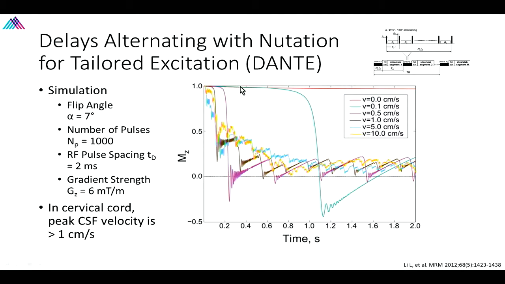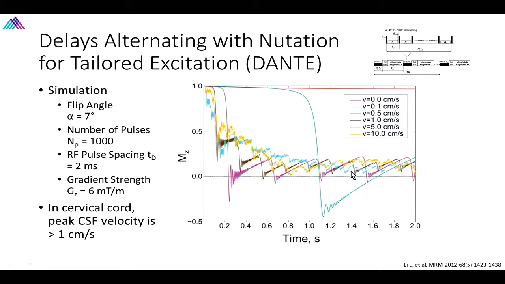So static tissues like the spinal cord itself reach a steady state. There is some attenuation, and it's dependent on the number of pulses in this DANTE train and the square of the flip angle alpha. But we see here in this simulation, again by Lee et al., that the moving spins are attenuated rather strongly, and after some transient, they reach a pseudo-steady state.